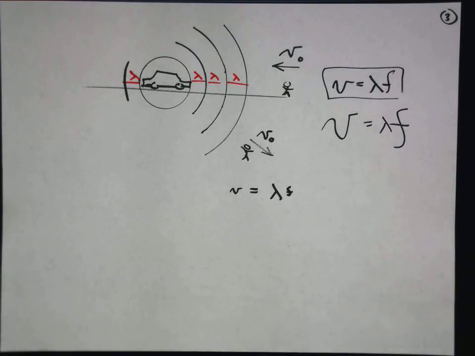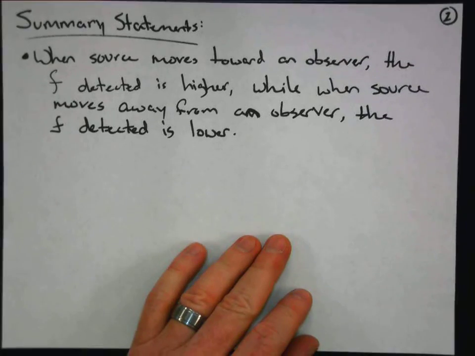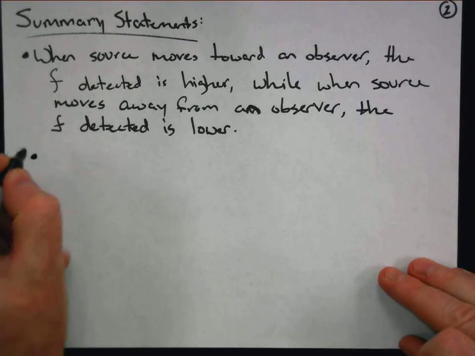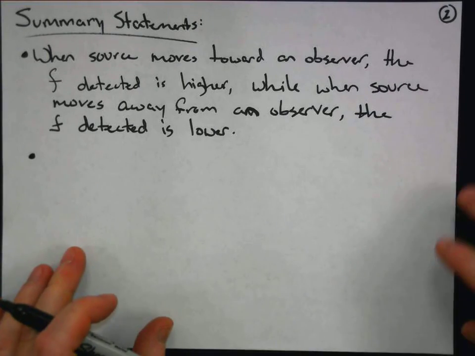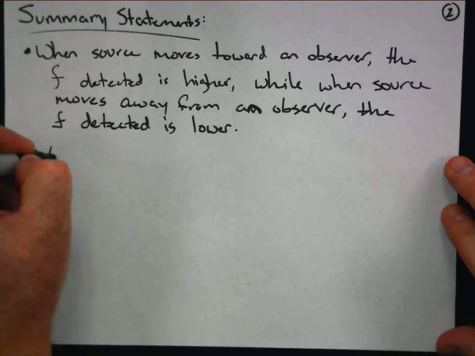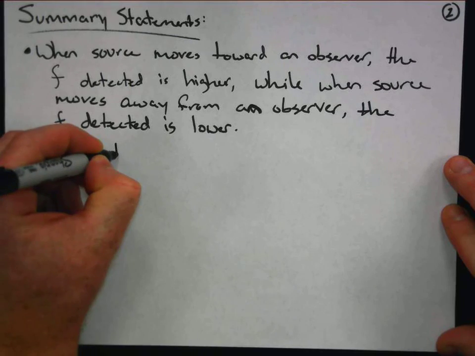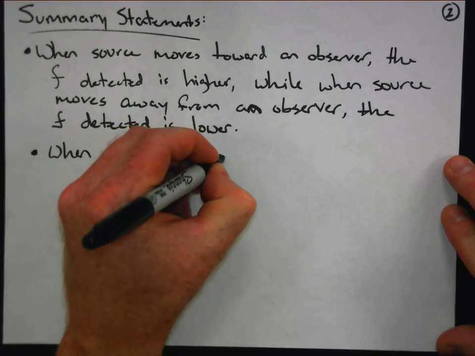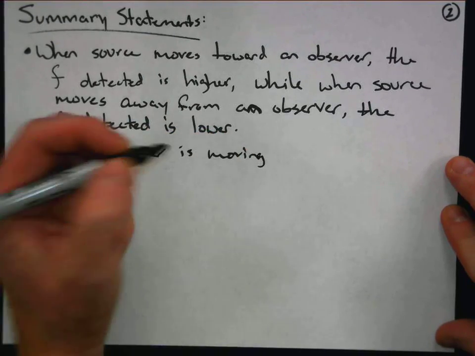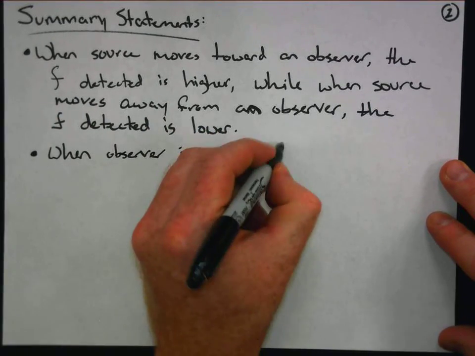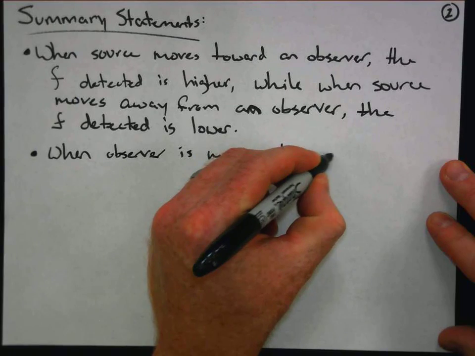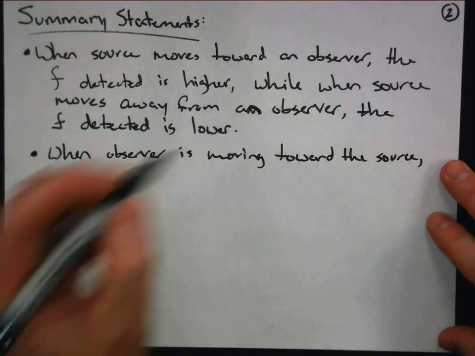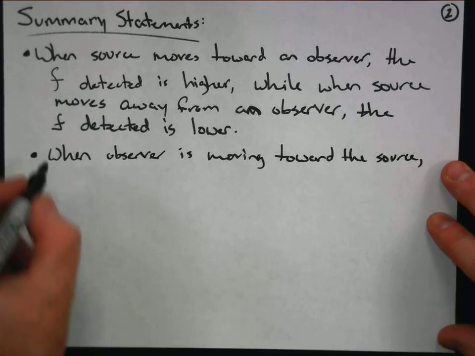So now I'm going to go back to my summary statements. I have another one to write. There we go. When an observer is moving toward the source, the frequency detected is higher.